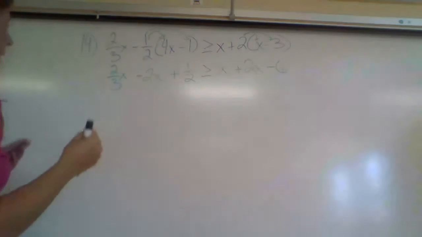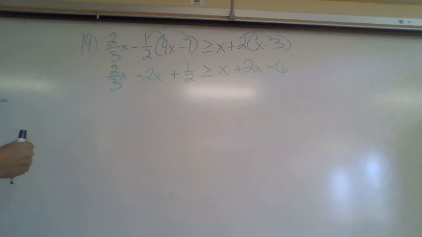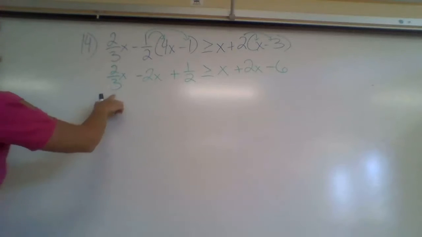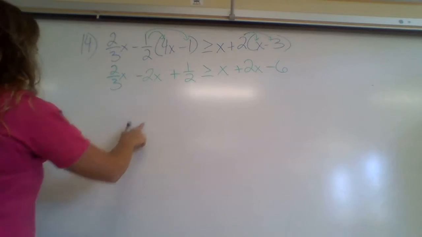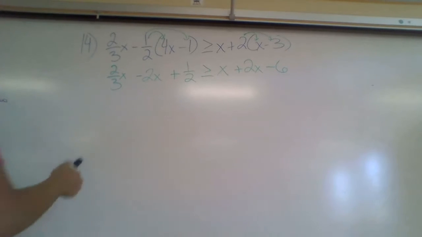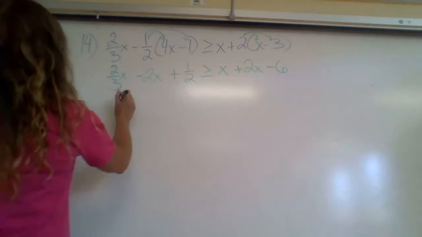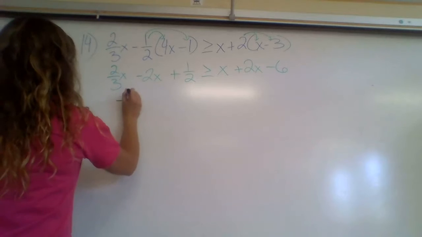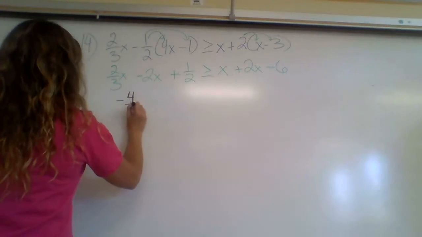So I'm going to combine my x's on both sides. So I have 2/3 minus 2x. Okay, so that's going to be negative 4/3.